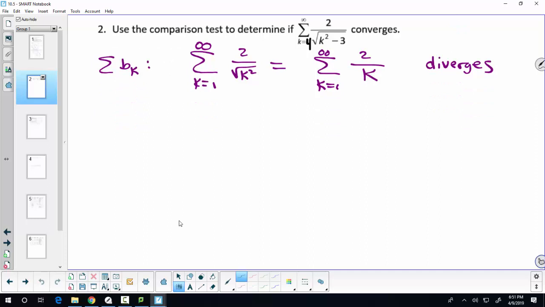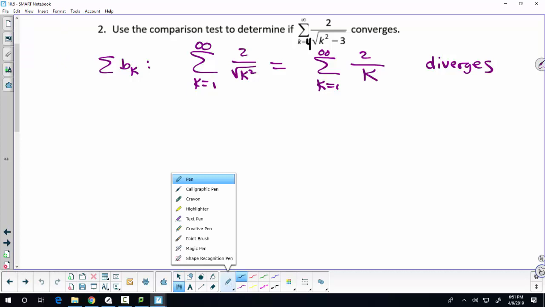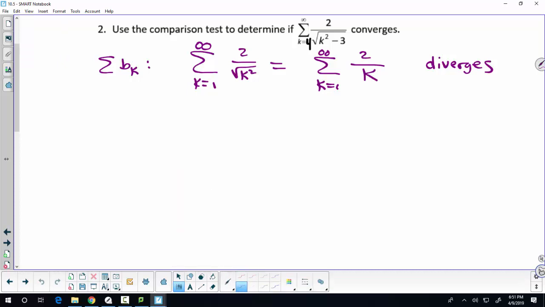I had a typo, that should start at k equals 4, not k equals 1. So the idea of the direct comparison test was to choose a series, thinking about it like a limit as k or n approaches infinity.